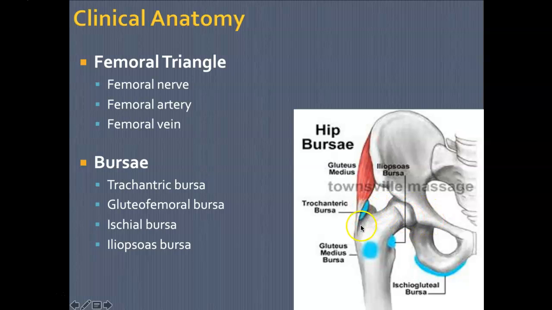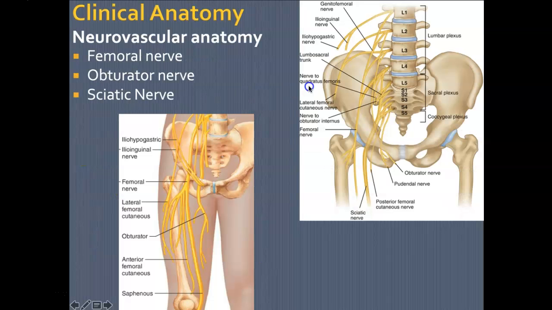And so there's a bursa there, and the role of the bursa, as you guys already know, is to reduce friction over a bone, right? So we have the trochanteric bursa, probably the one that's injured most often. We have the iliopsoas bursa, the ischiogluteal bursa, and then last but not least, the gluteus medius bursa. What am I saying to you guys? The one that's most common is going to be the trochanteric bursa.